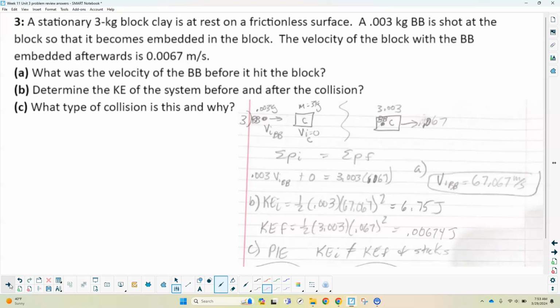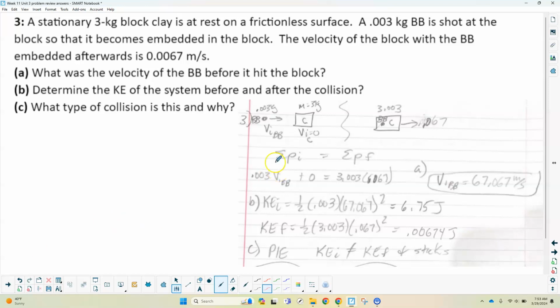Really, you can jump to C because you already know it's a perfectly inelastic collision, because the BB becomes embedded in the block of clay. So they stick together. You also know that if it's perfectly inelastic, the kinetic energies aren't going to be the same, so you would expect KEi to be bigger than KEf.